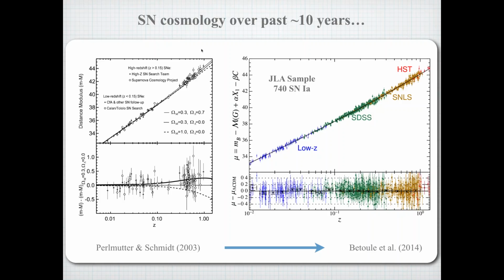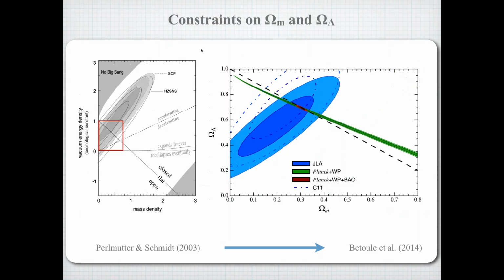But we've made big progress from 2003, which is the Nobel Prize-winning picture, to the right. We're really making accurate and precise distance measurements as a function of redshift. These are the constraints that won the Nobel Prize on the left, and then the JLA sample on the right.